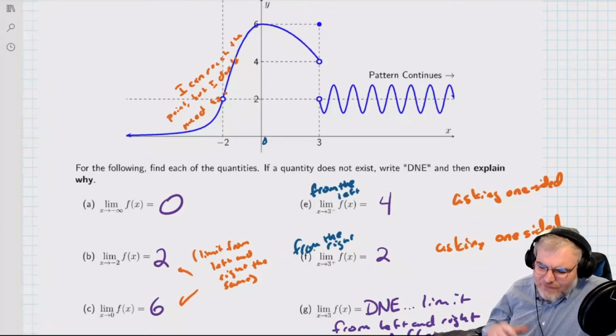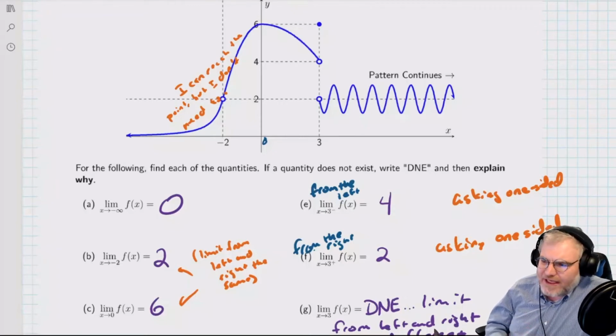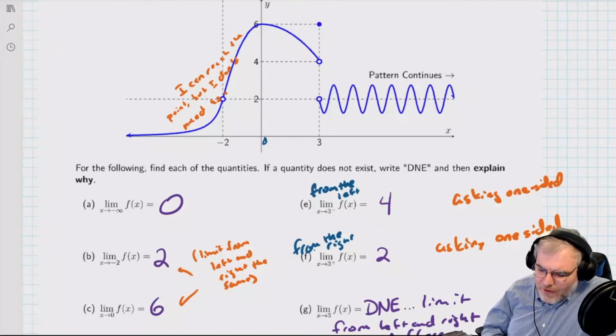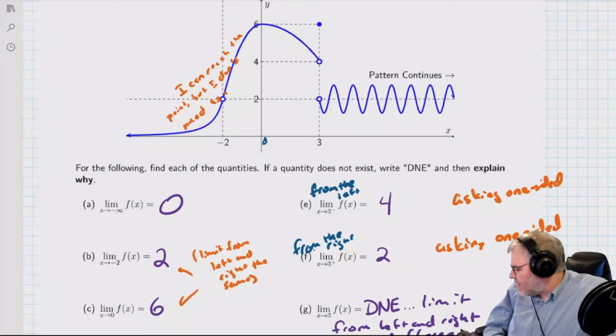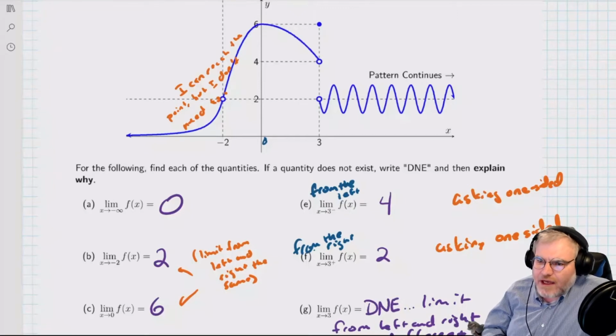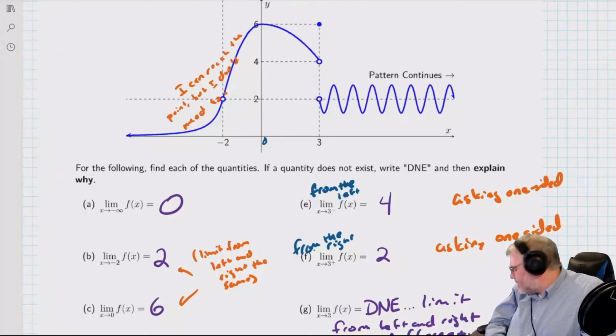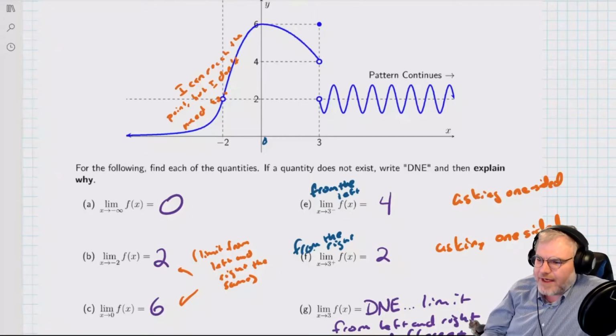It's not quite negative 1, it's like 1 to 3. Yeah, for part G, if you put the left hand and the right hand limit are not the same, yes, that would be correct. It would need to be for the limit to exist. That is correct.